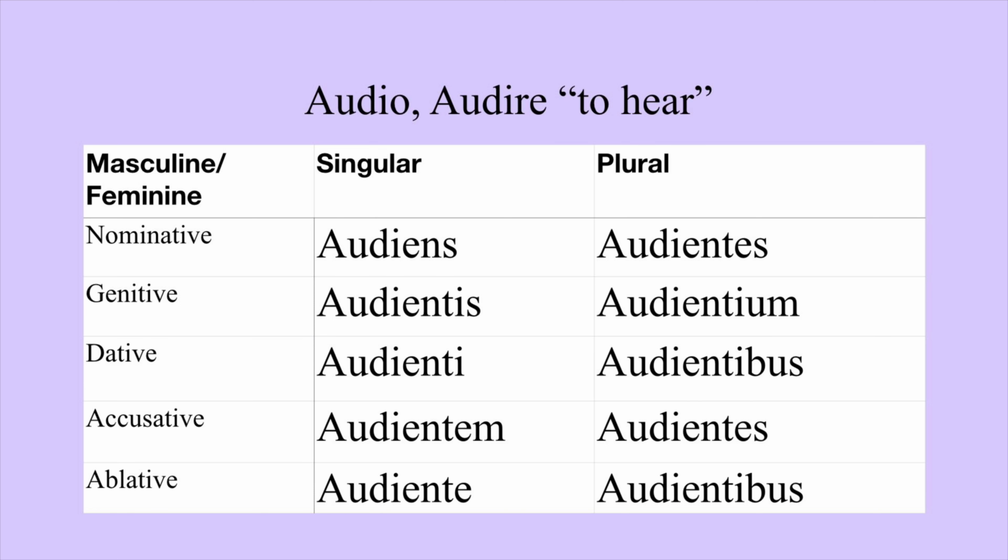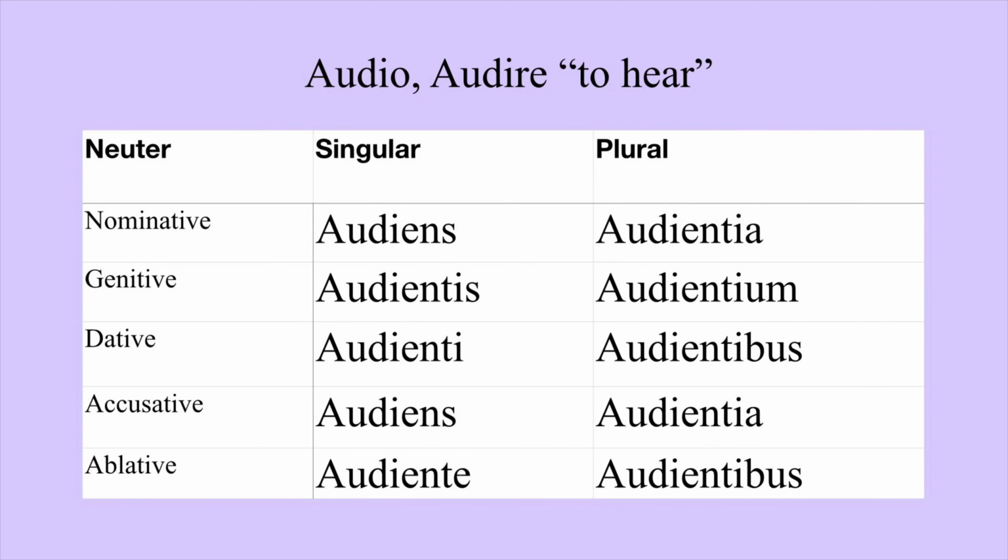And of course, just being thorough and looking at the neuter, right? Once again, we're noticing that we have the same thing that we would expect. We have the -ie, but we've got the accusative audiens, and then the nominative and accusative plural audientia.